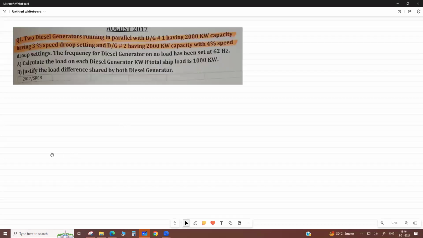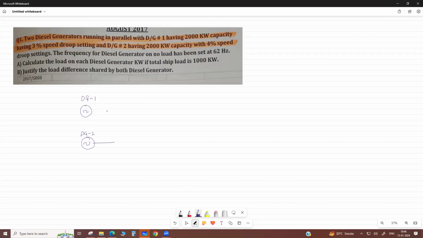Here there are 2 DG sets. 2 DG sets means diesel generator, which means alternator. So it says there is DG1 and DG2.